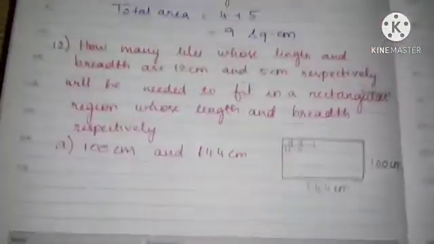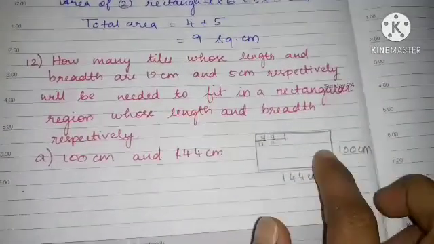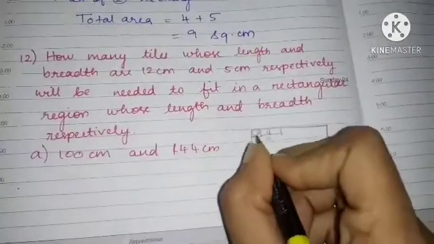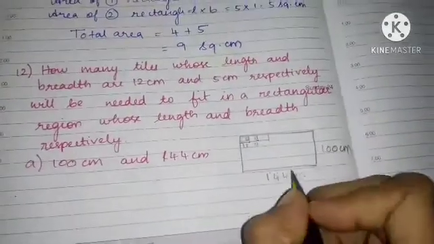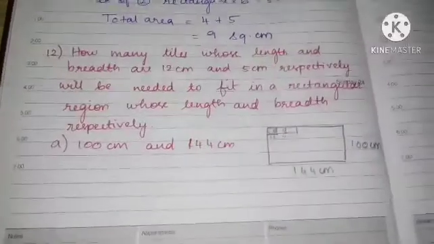That is what our question. So first, you need to find the total area of this region. Then you should find the area of one tile. Then if you divide the total region by one tile, you will get the number of tiles.